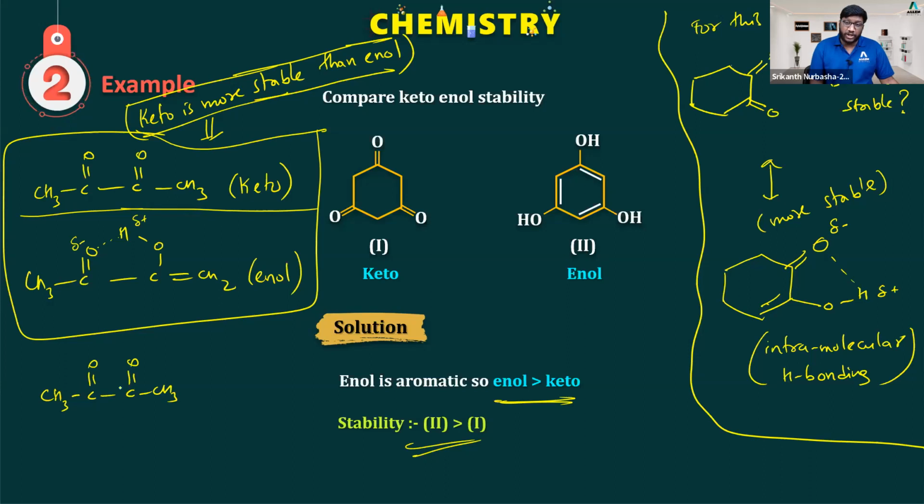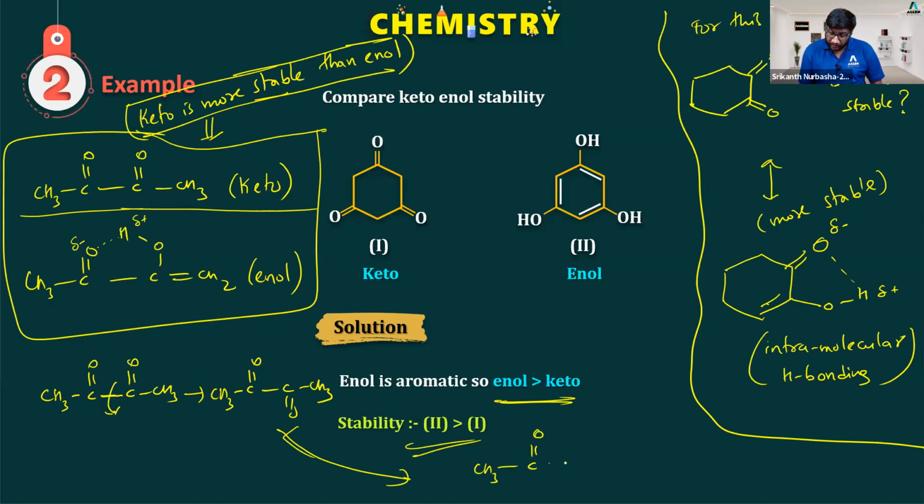Rather, free rotation around the carbon-carbon single bond will occur, because carbon-carbon single bonds are free to rotate. Because of free rotation, the molecule will exist in this manner: CH3, C double bond O, C double bond O, CH3. And if you write the respective enol form, you will have CH3, C double bond O, C double bond CH2OH. No intramolecular hydrogen bonding is possible.